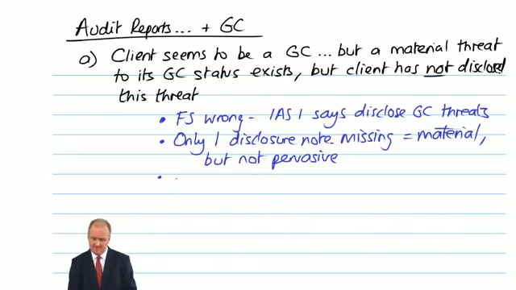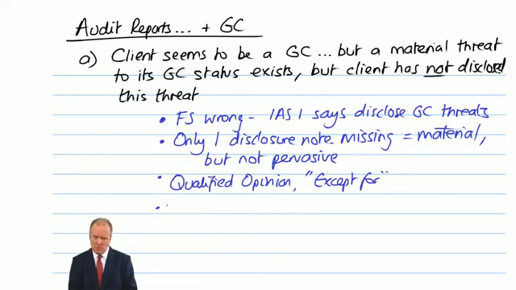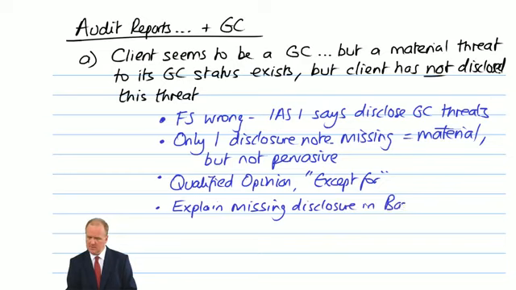As a result, a qualified opinion, except for, and as with all modified opinions, if you're changing the opinion, you would explain the missing disclosures in the basis for opinion section.